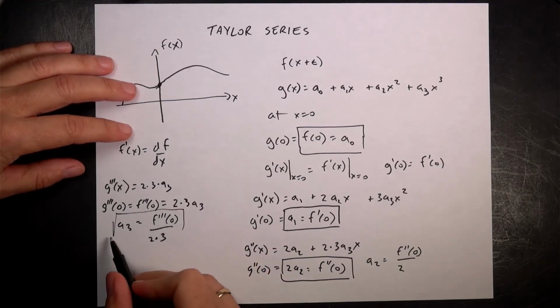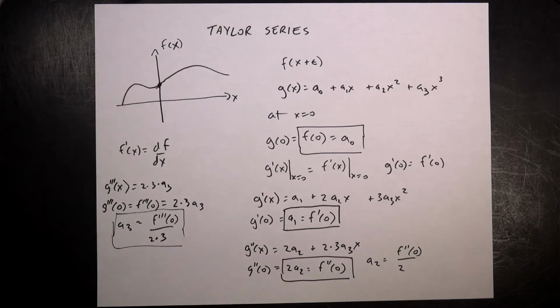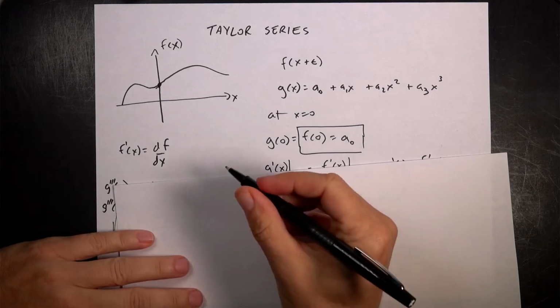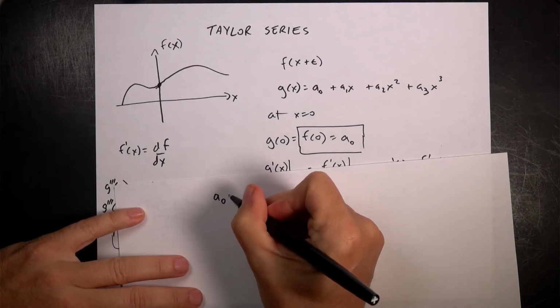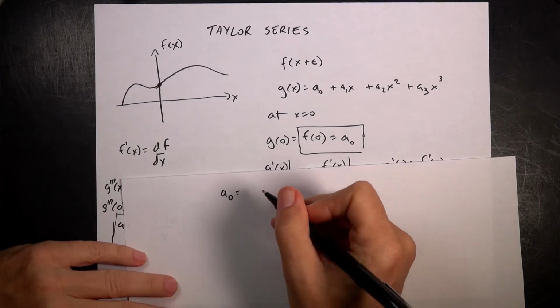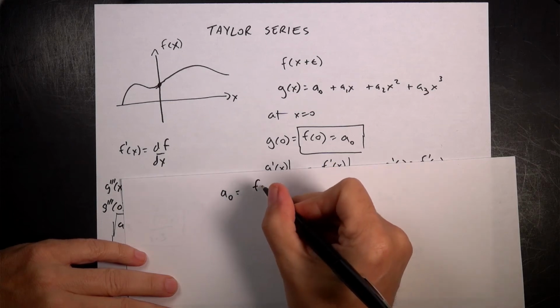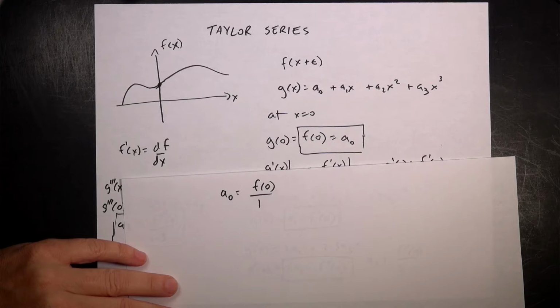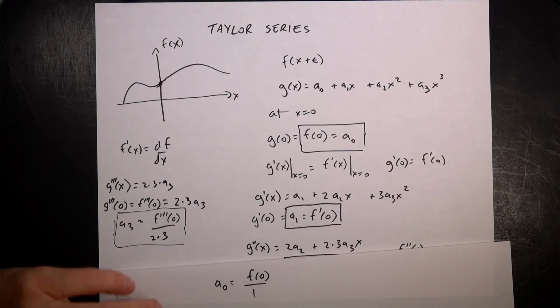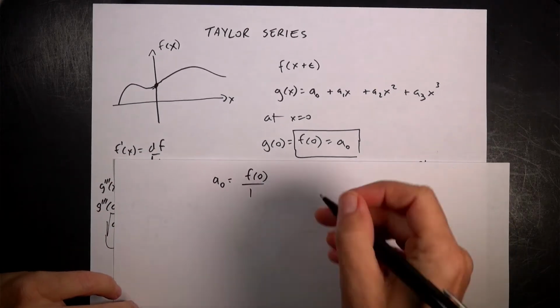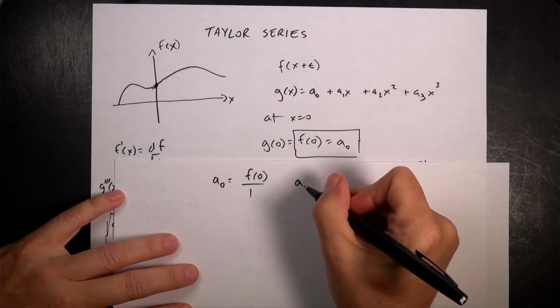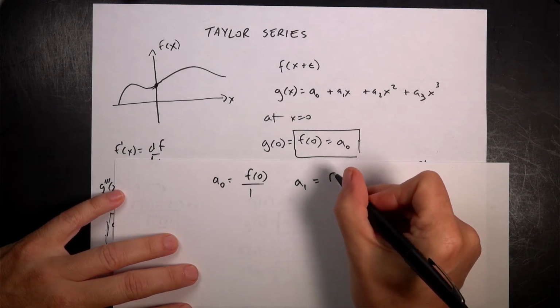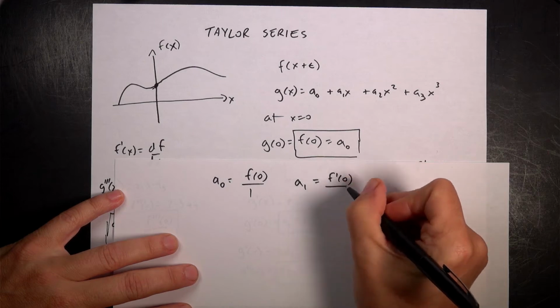And maybe we can see a pattern here. Okay, let's write down the pattern. a0 equals f of 0 over 1. And then I can write a1 as f prime of 0 over 1.